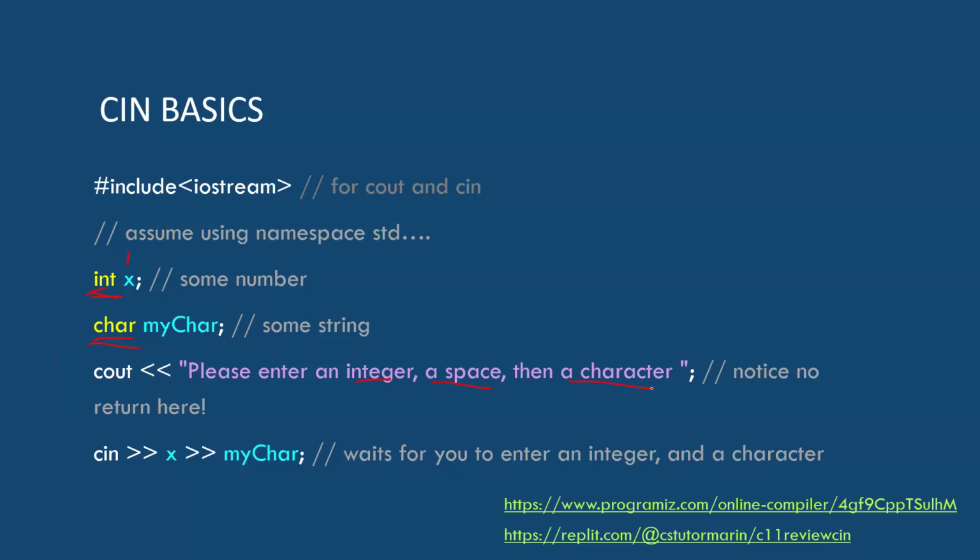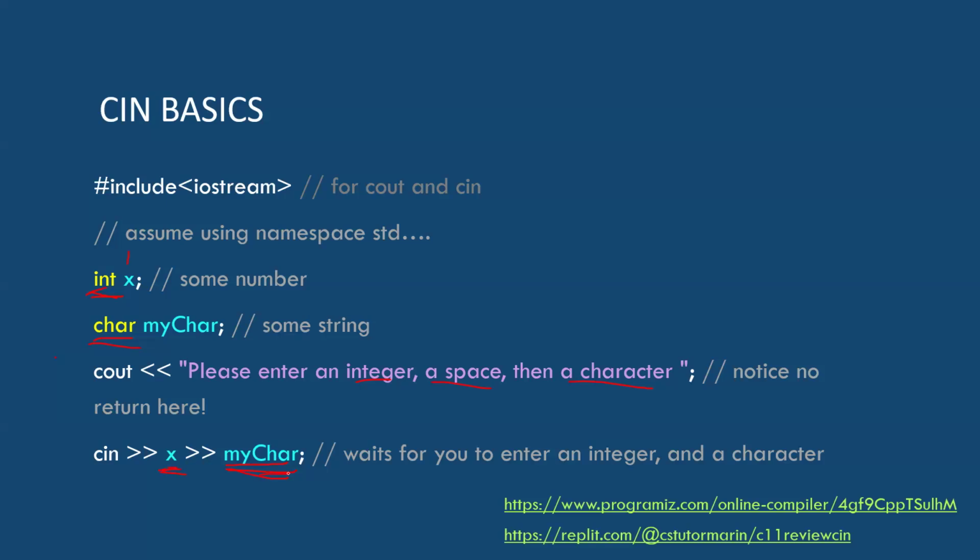That means that if the user follows our instructions properly and types a bunch of integer values, and then a space, this will read those and then stop at the space, okay? And then the next thing that it will do is eat the space and then load the character in.